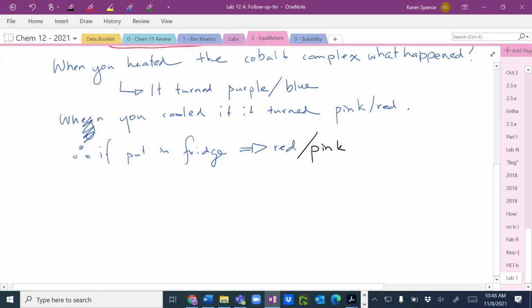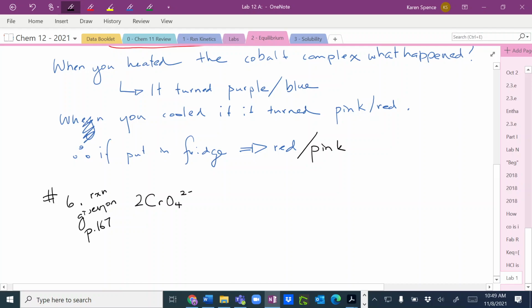Okay, number 6. So we're going to start with CrO4 2-. This is the reaction given on page 167.